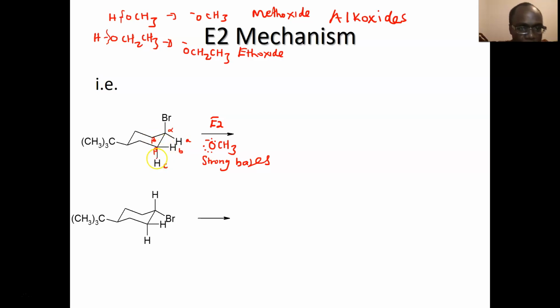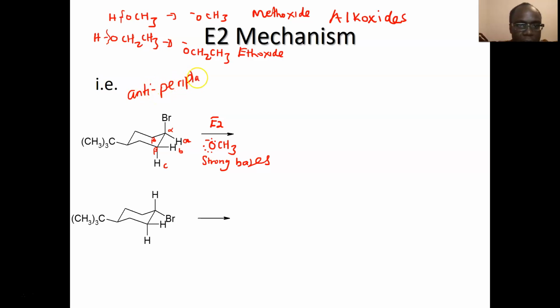So we have to take the beta hydrogen. So we cannot take the hydrogen A because it's on the same carbon as the leaving group. We have to take either C or B. There are other hydrogens on the other side, but for purposes of teaching, let's just choose one that's going to be taken out. It's not A, could be B or C. Now out of B and C, which one is anti-periplanar? Remember the rule for E2?